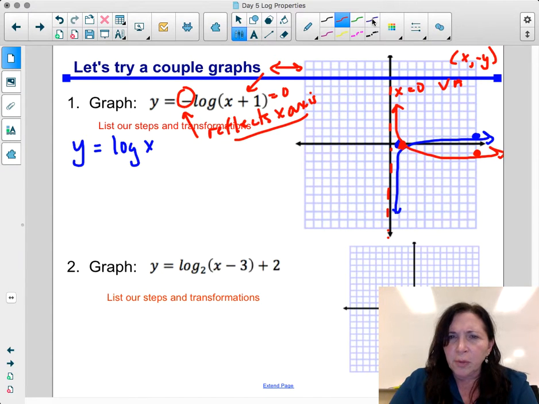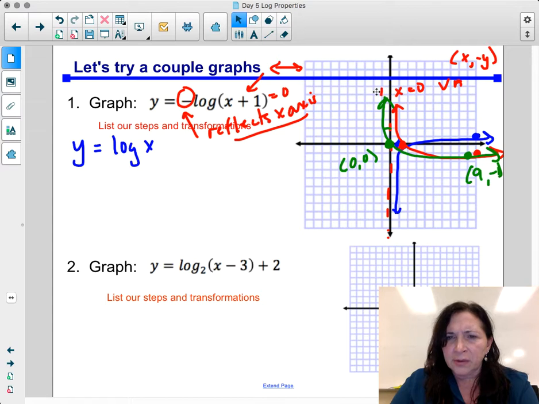So my new points are going to be 1 to the left: 0, 0, and 1 to the left here is 9, negative 1. So this graph now is going to do this. And this has also shifted my asymptote. Instead of it being x equals 0, it is now at x equals negative 1.